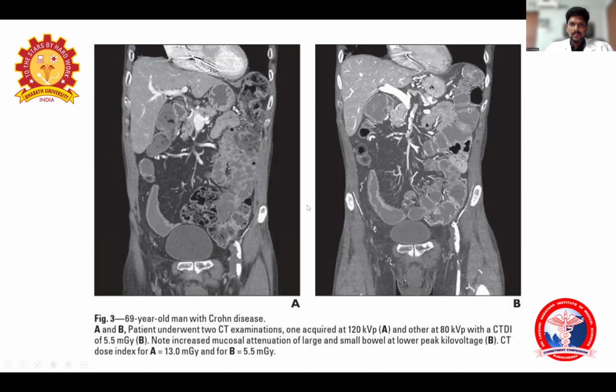However, when you compare it with 120 kVp, 80 kVp shows much sharper and better enhancing images. And the radiation dose difference is very significant. In 120 kVp it is around 13 milligray, whereas for 80 kVp it is only 5.5 milligray, despite getting an adequate diagnostic quality image.